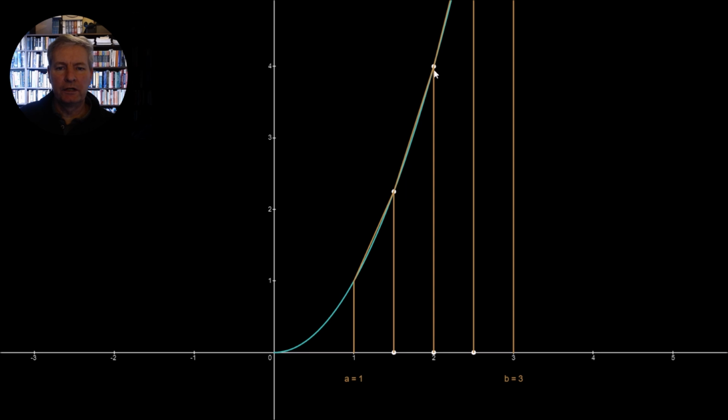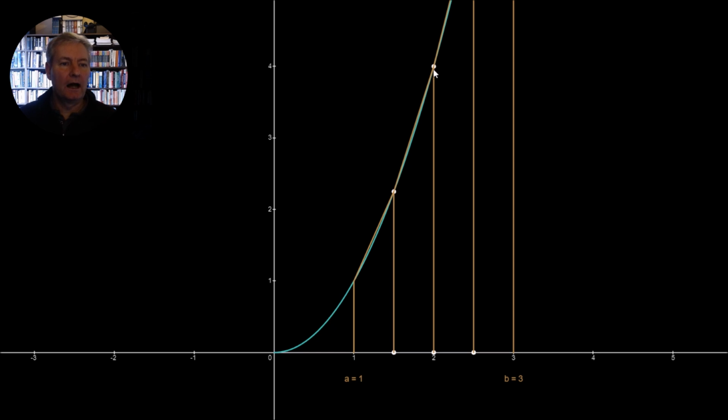Now this little shape here is something called a trapezoid, and we can work out the area of the trapezoid using a simple little equation. So we multiply the length here, so this length here again is going to be our b minus a upon n, and then we multiply it by the height. Now to get the correct height, what we do is we add one side and then we add the other side, and then we divide it by 2.